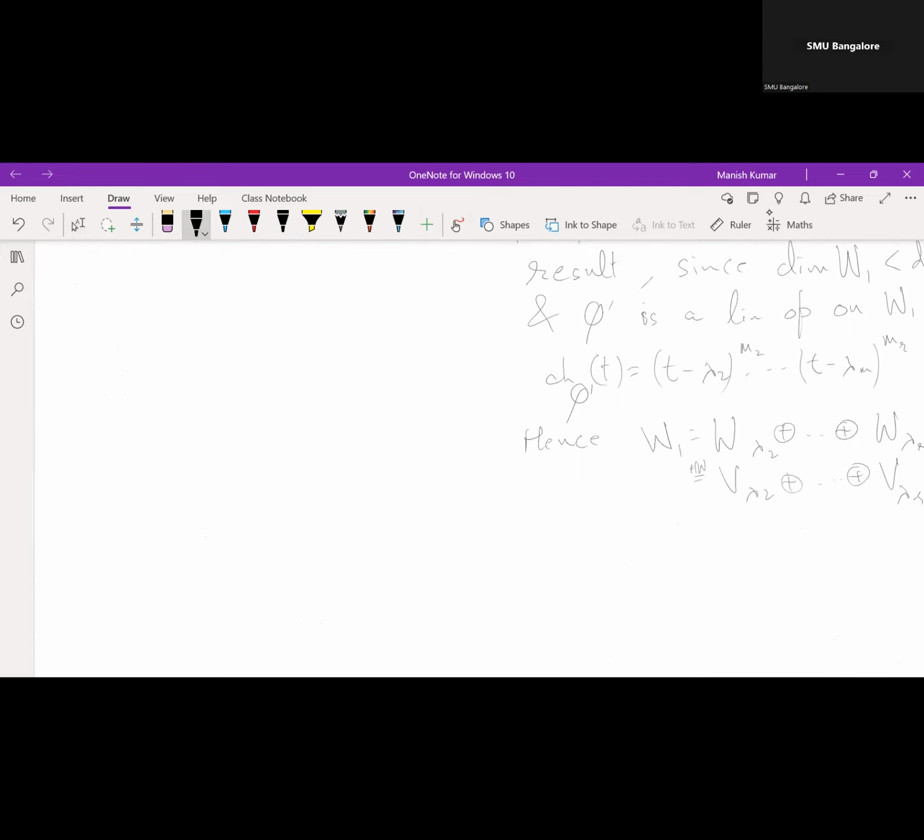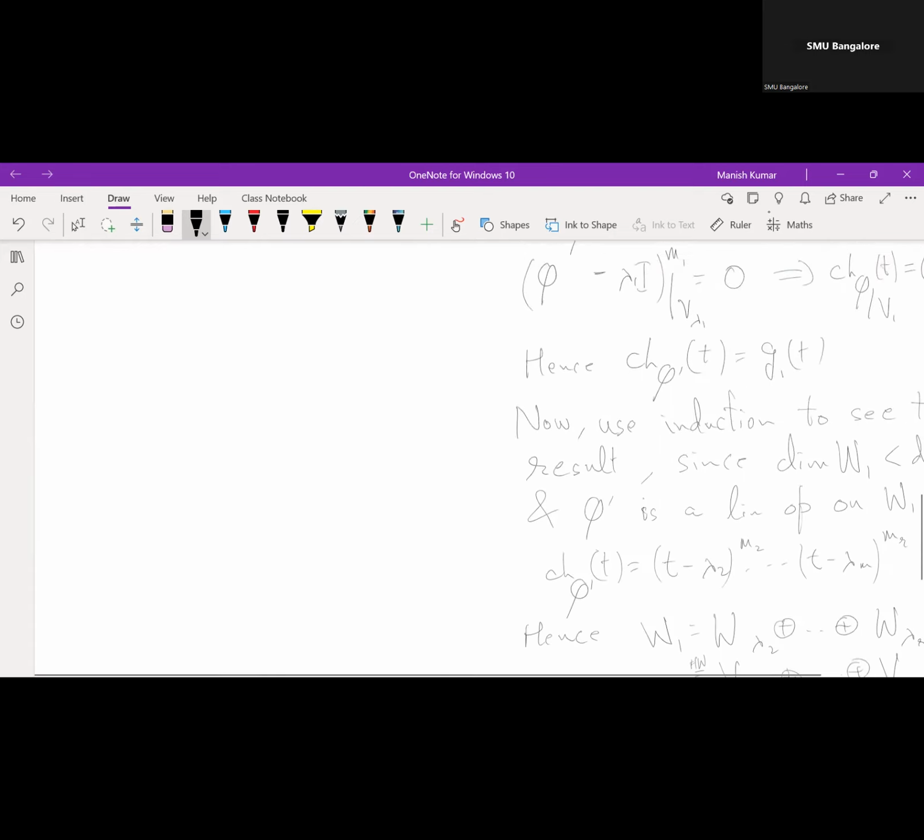You'll have to argue the other way is also true: everything in V lambda 2 is also in W lambda 2. That also follows because the only thing missing is in V lambda 1, and those things will not matter. So it will come out this way. Okay.